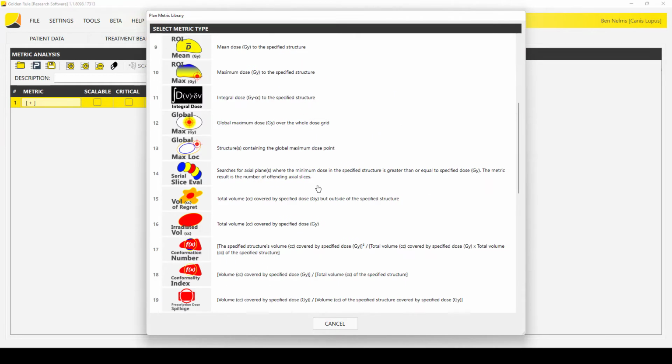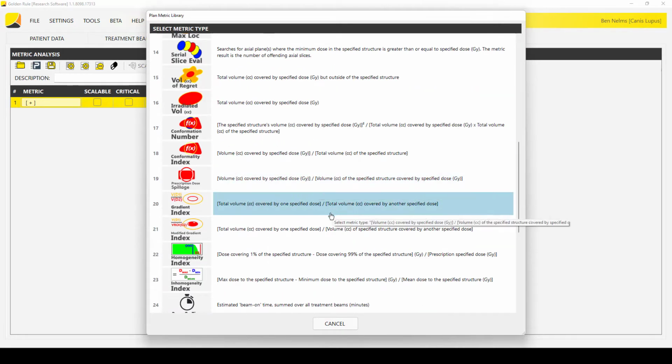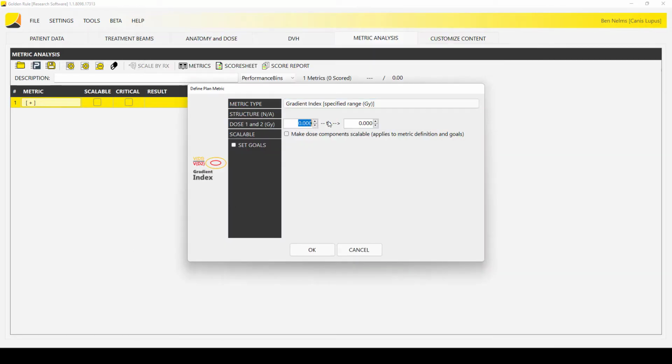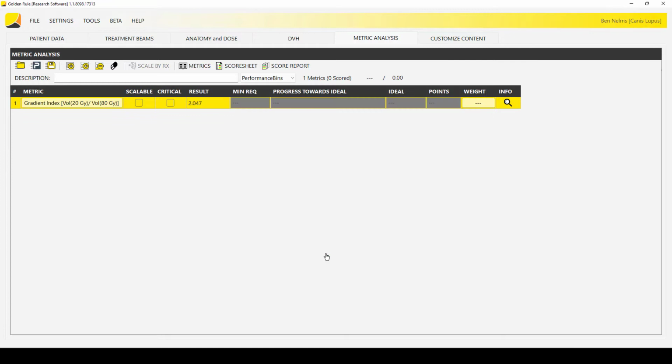We're going to use the gradient index, which is just the volume of one dose level or agreement level divided by another, going from 20% to 80%. Looks good, and the value is 2.047. I'm going to jot this down. So it's roughly twice the volume at 20% consensus versus a high agreement of 80% consensus.